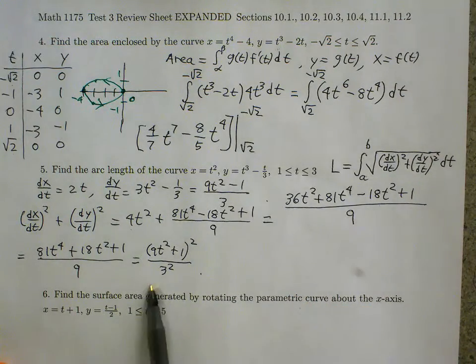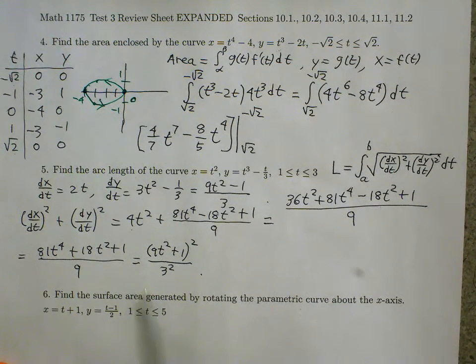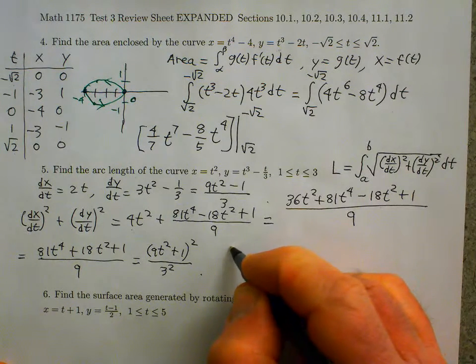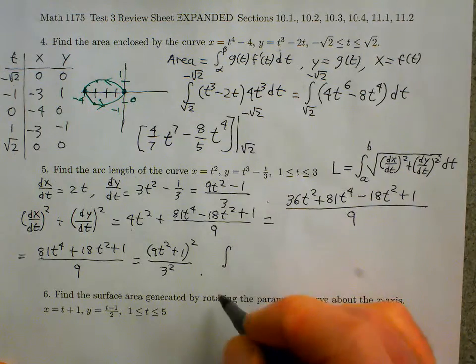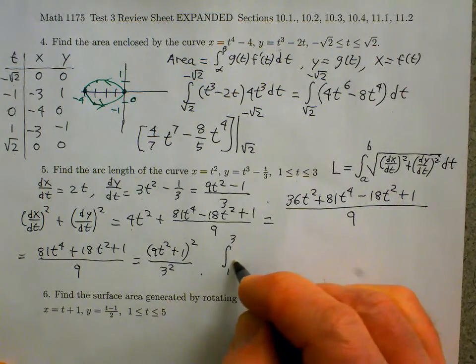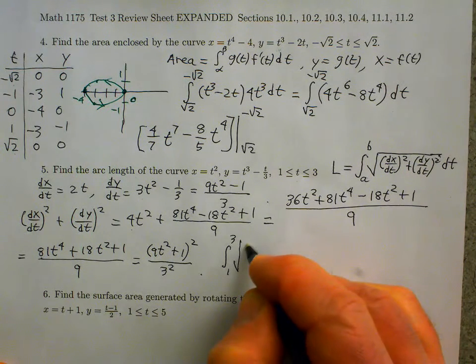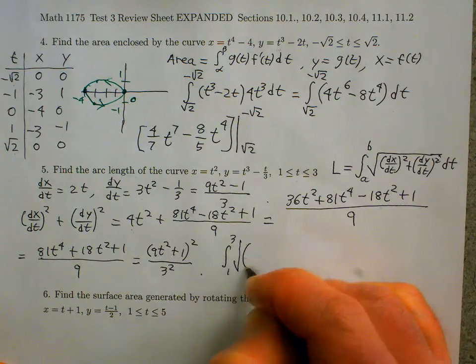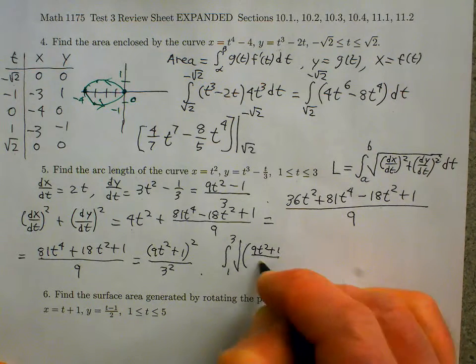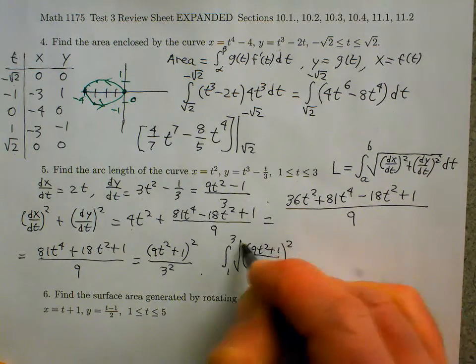This is going to go inside the square root. I guess I'll try to squeeze it in. So the t values range from 1 to 3, so we have the square root of the perfect square. I'll just write all of this as 9t to the second plus 1 over 3, all squared.